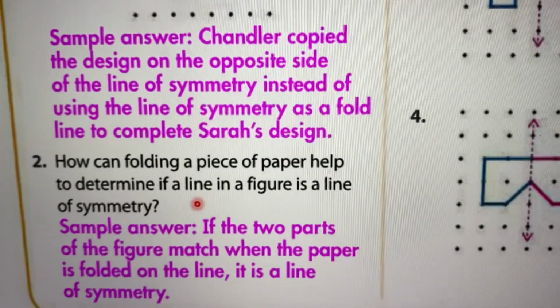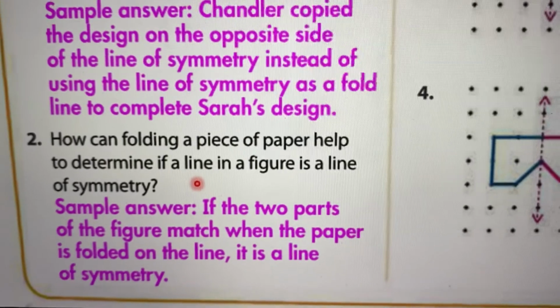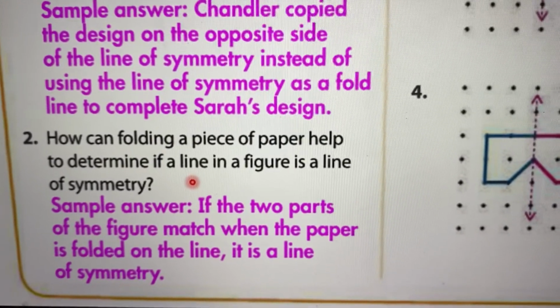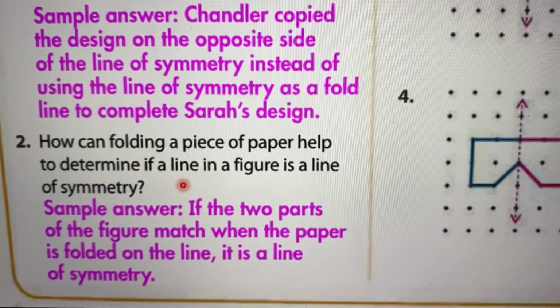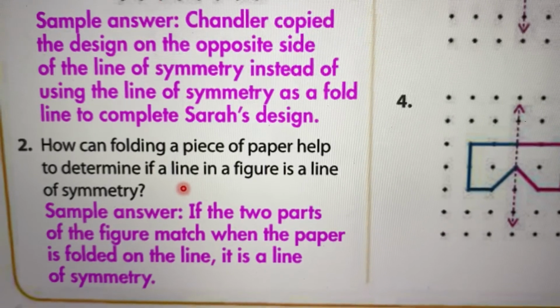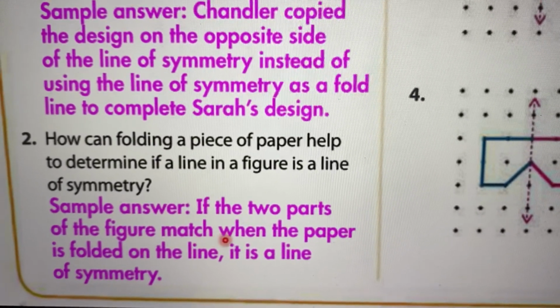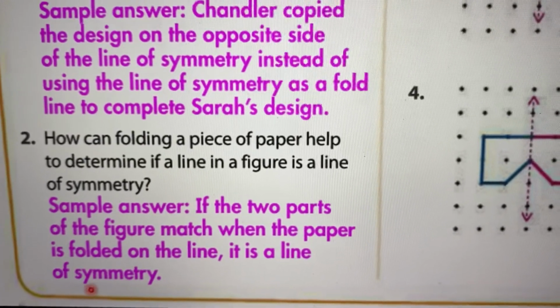If I fold the piece of paper and I have two matching parts, then done, right? If the two parts of the figure match when the paper is folded on the line, it is a line of symmetry.